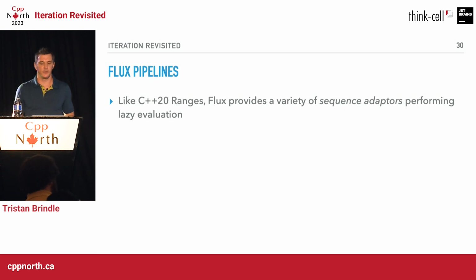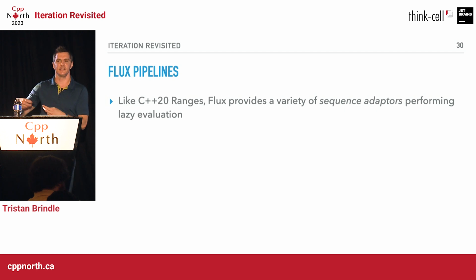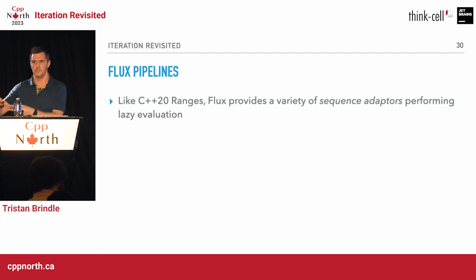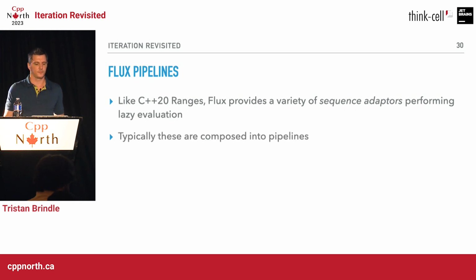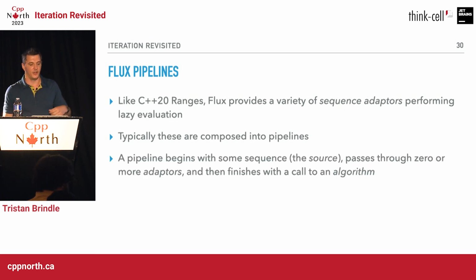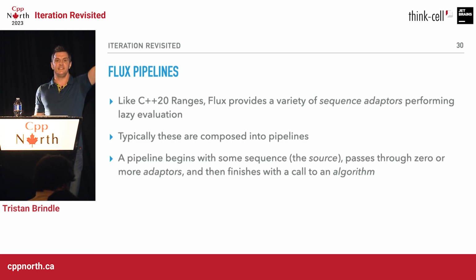So like C++20 ranges, Flux provides a variety of sequence adapters that perform lazy evaluation in exactly the same way as things like views filter, views transform, views chunk by, you know, all of those. And as with ranges, we typically compose these into pipelines. So a pipeline begins with some data source, some sequence.